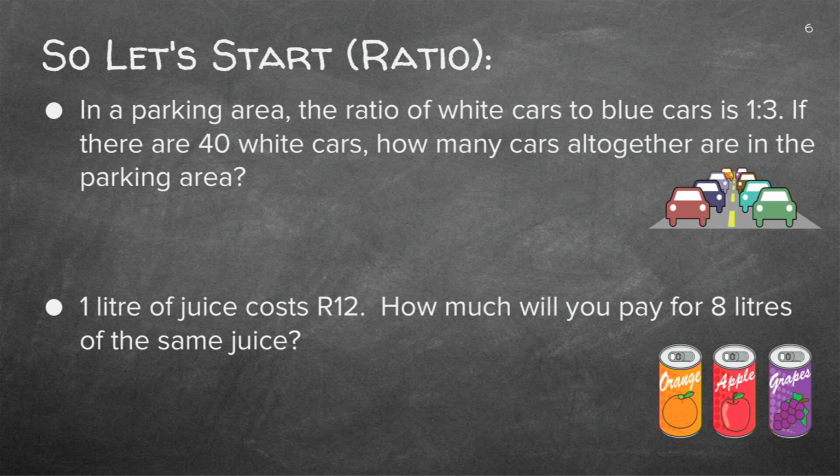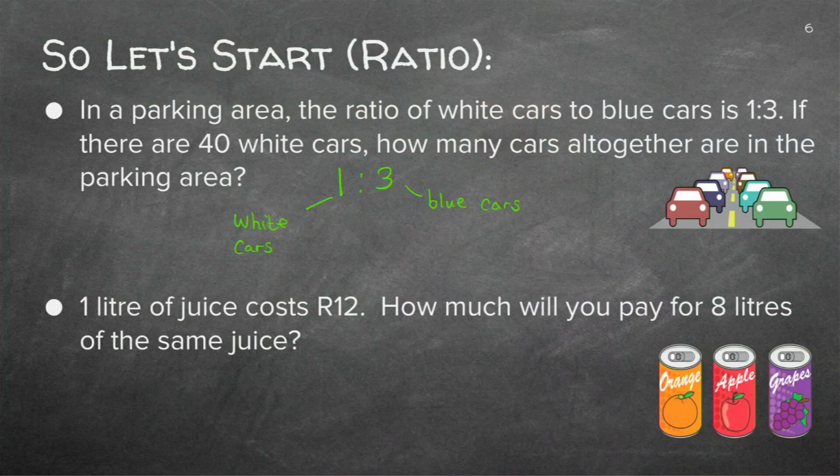But be very careful here now. In a parking area, the ratio of white cars to blue cars is 1 to 3. So 1 to 3. This is my white cars, and the 3 is my blue cars, sorry. But they're giving you more information. They are saying, if there are 40 white cars, how many cars altogether are in the parking area? So 40 white cars.